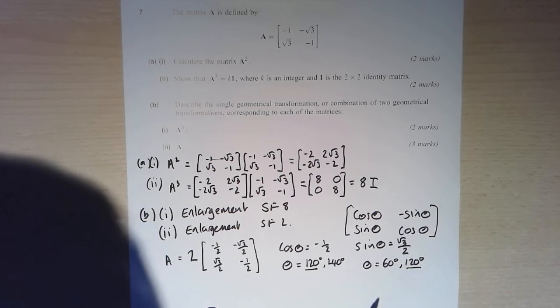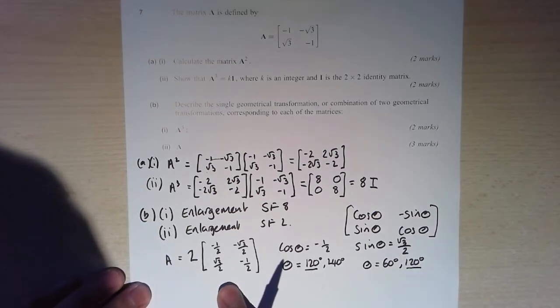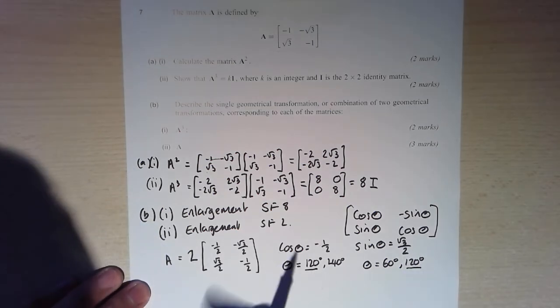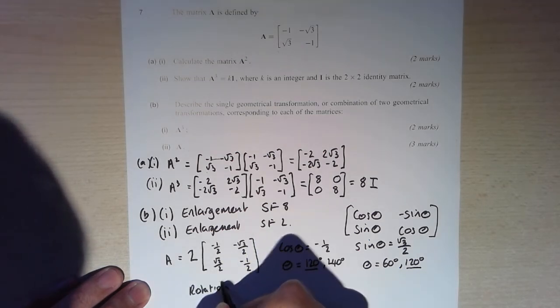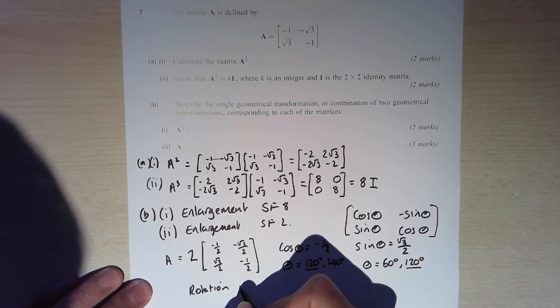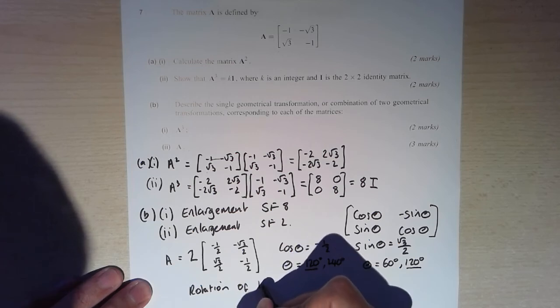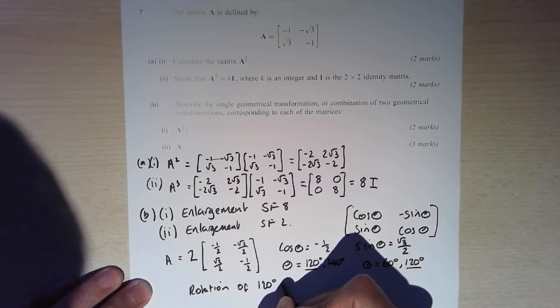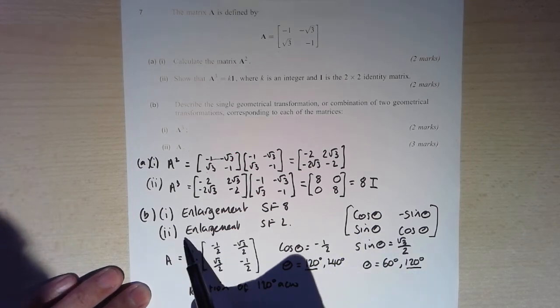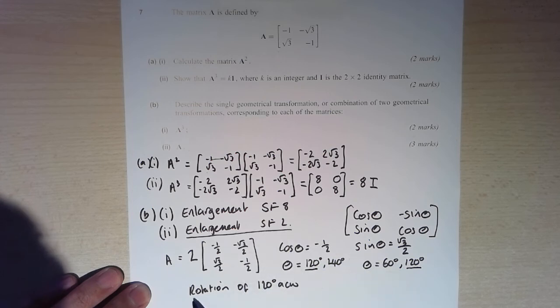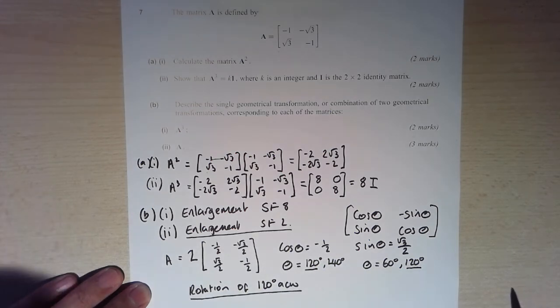So that means that this part here must represent a rotation of 120 degrees anti-clockwise. Okay, so what we've got is a combination of an enlargement of a scale factor of 2 and a rotation of 120 degrees anti-clockwise.